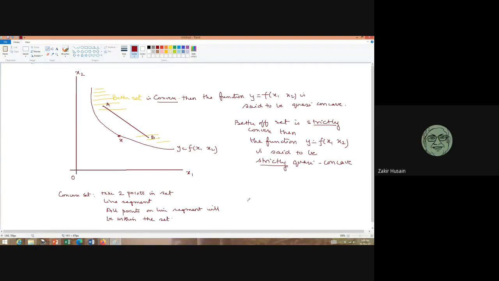And what is a concave set? Can you tell me what is a concave set? Just use this definition.